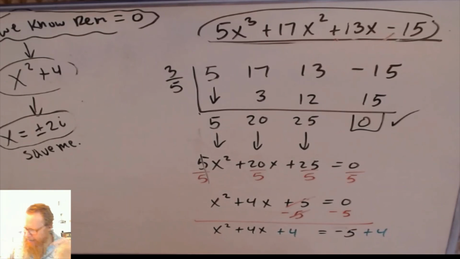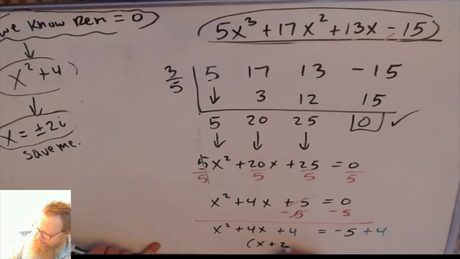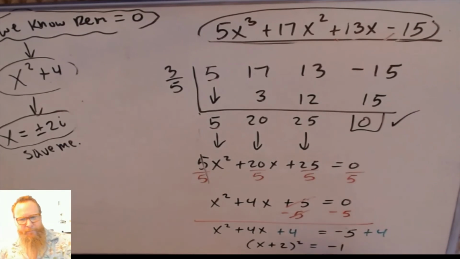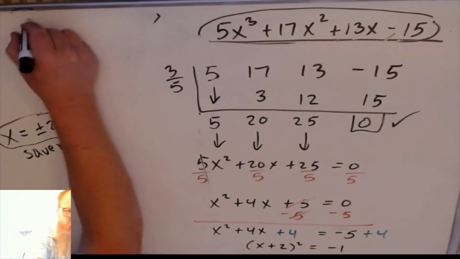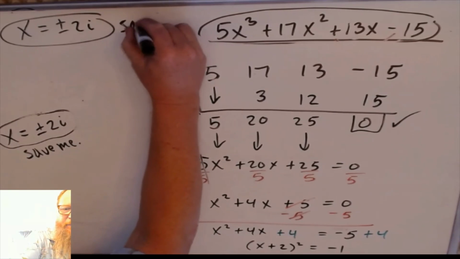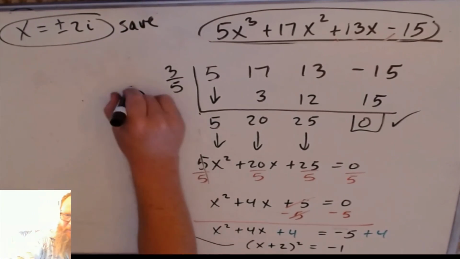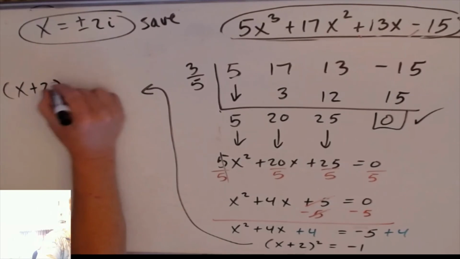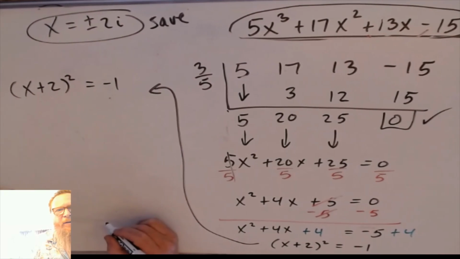And so now I have x plus 2 squared is equal to negative 1. I'm saving that. So now I've got x plus 2 squared is -1.